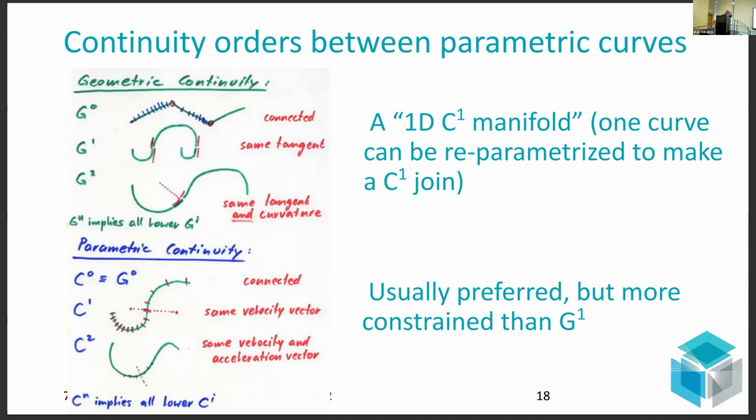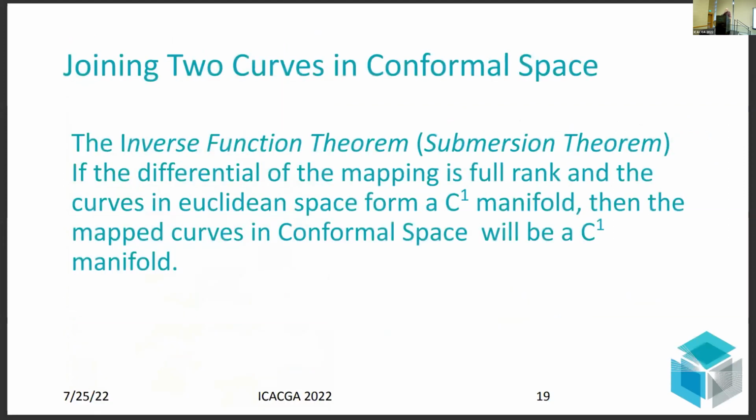C1 continuity, what you're used to, is both continuity of direction and speed. Now in mathematics, we can talk about reparameterizing manifolds. That's G1 continuity. If I can reparameterize the manifold to make it C1, then it's G1, right? So there's more formal definitions, but I like the direction-speed idea. The inverse function theorem tells us that if we have a continuous function that is mapped by another differentiable map, then that mapping is also going to be differentiable if that mapping has full rank.